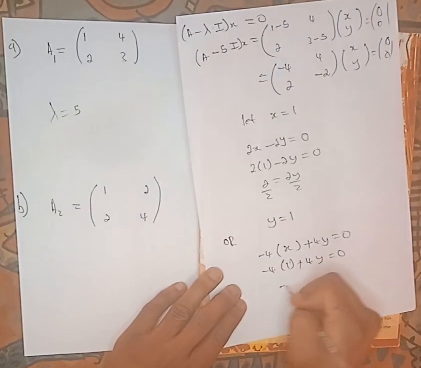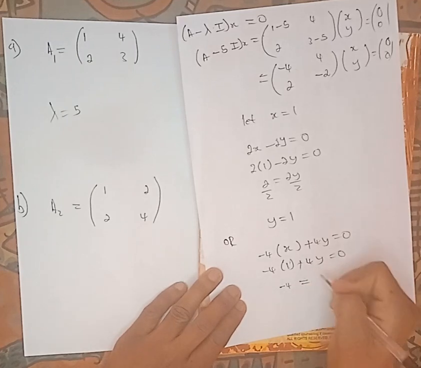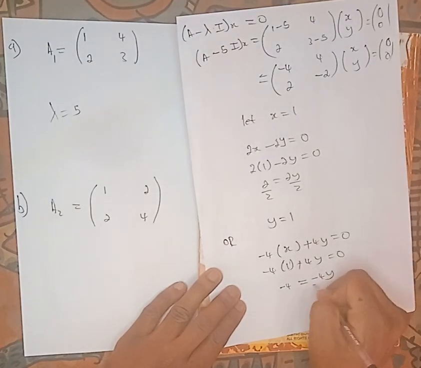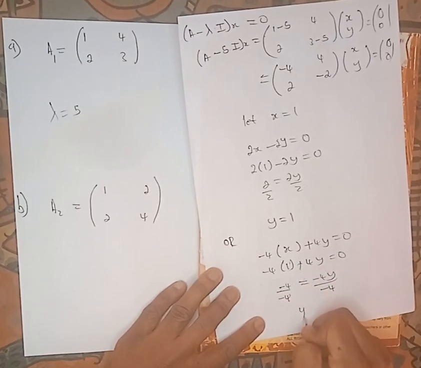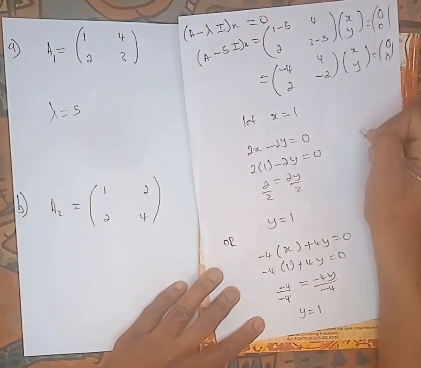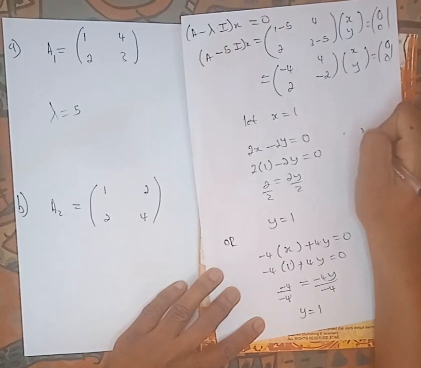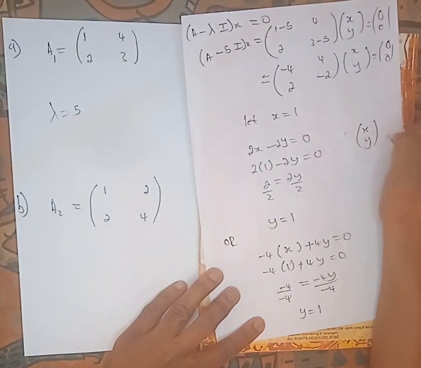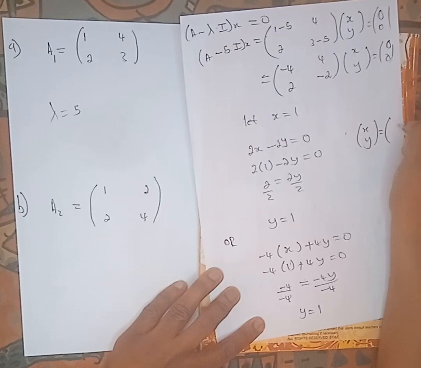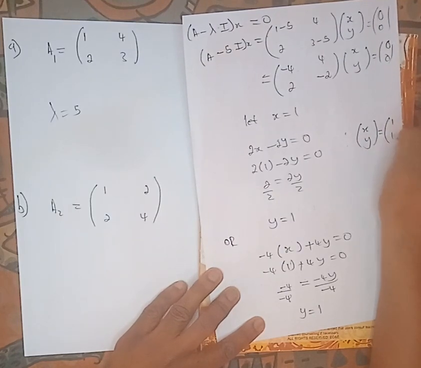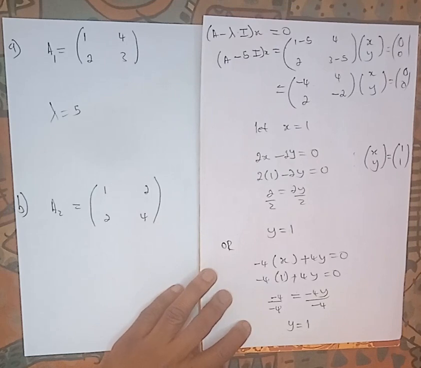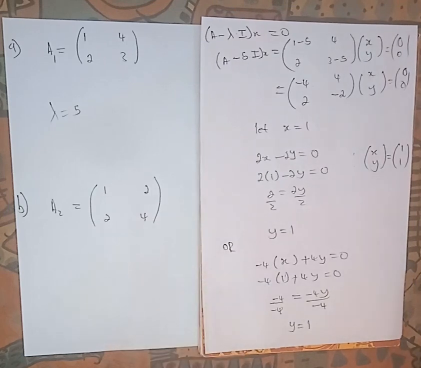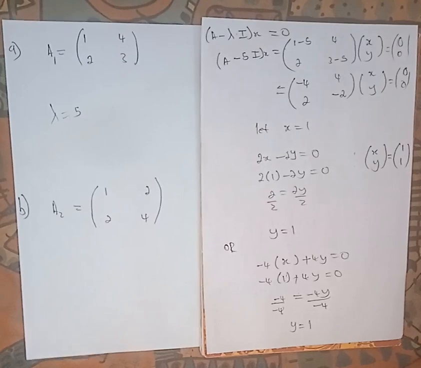So this will just be minus 4, and then when this goes to this side, it will be minus 4y. I divide by minus 4 and minus 4. So my y is going to be 1. So the value of my x and y will be 1 and 1, the same as before. So let's do another example, B.